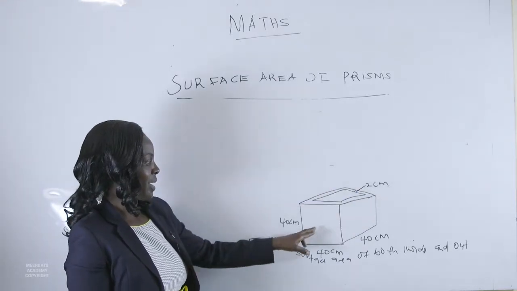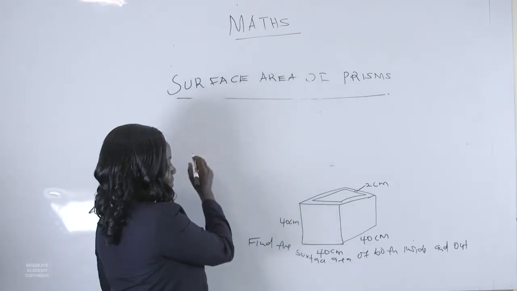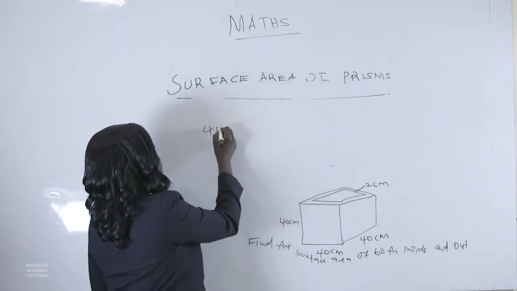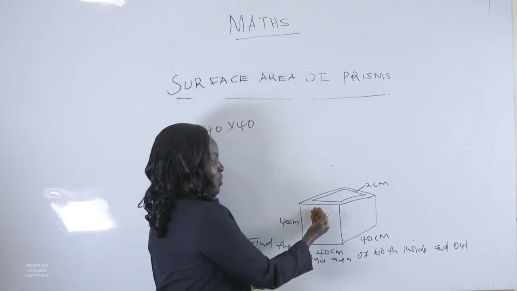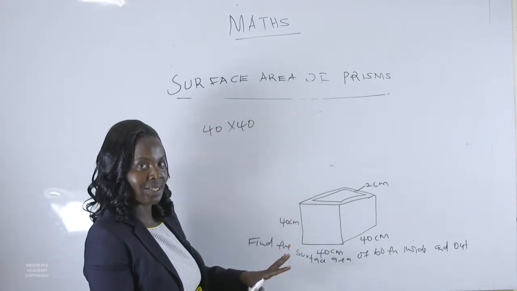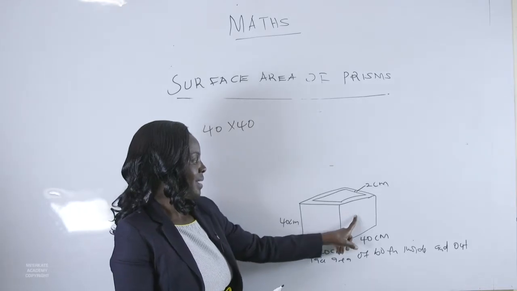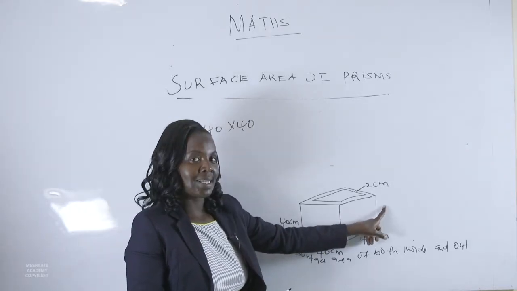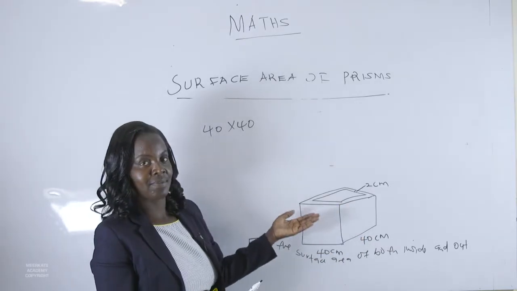So let's start by calculating the area of the cross-section. So that will be 40 times 40. And this, because all faces are equal, the outside. We are now starting to calculate from the outside. We have this side, that side, that is 3. We have 4, we have 5.